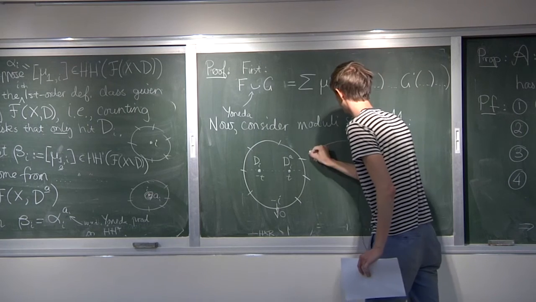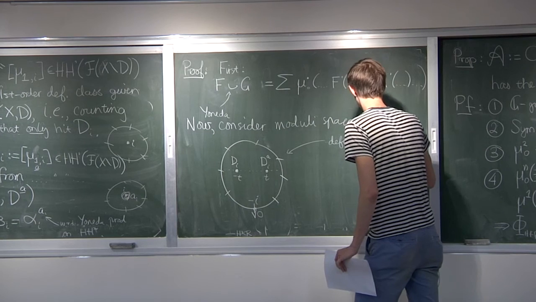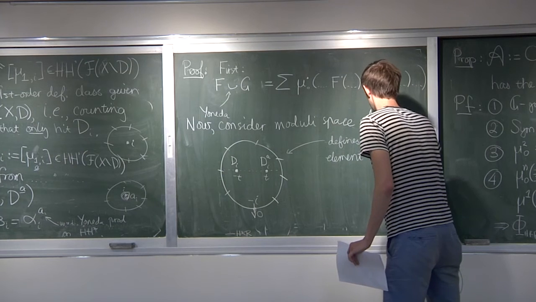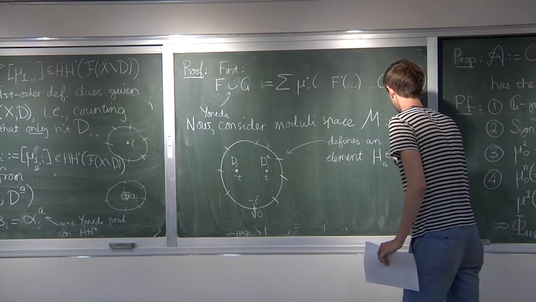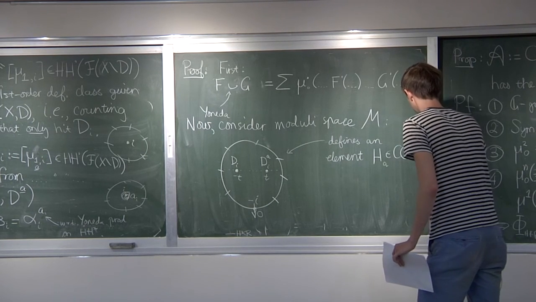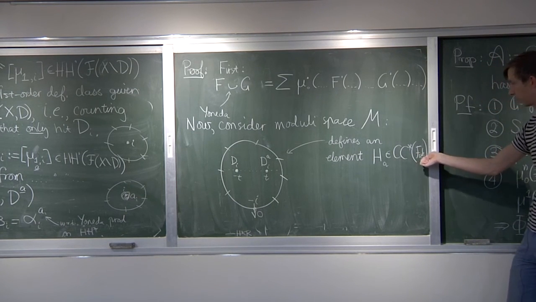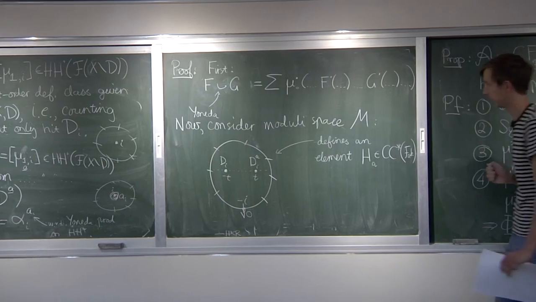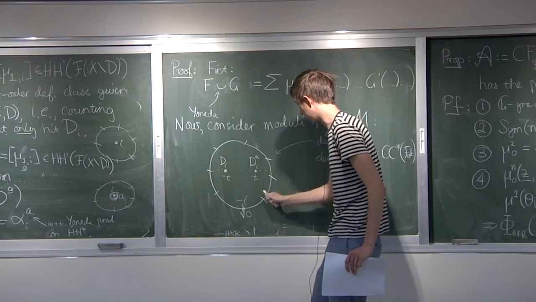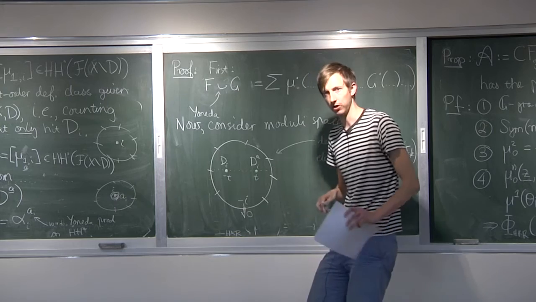So this defines an element of Hochschild cochains on the Fukaya category of the complement. The coefficient of the cochain that takes in these inputs and spits out this output is the number of these holomorphic disks.